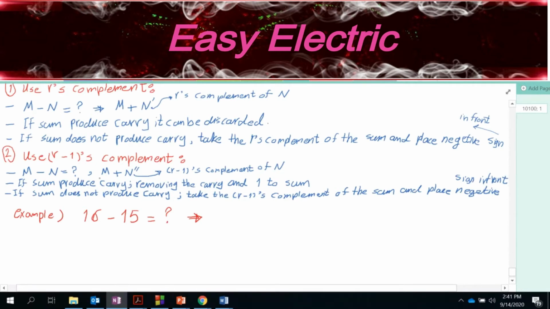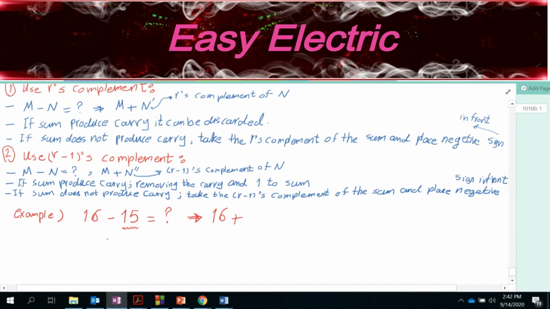Here m is 16, n is 15, and I'm in base 10, so r is 10. For that, you just calculate m plus n prime. What is n prime? It is the r's complement of n. So first I need to calculate 16 plus the 10's complement of 15.